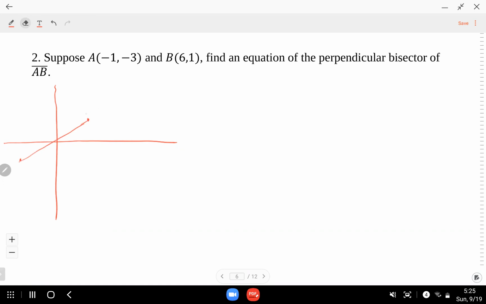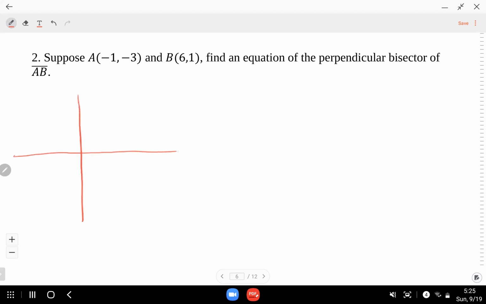Okay, a bit farther. B is a bit farther over here. Kind of like this, all right? The segment AB. Seriously? Kidding. Apparently this does not want to work today. Okay, fine. This should be fine, hopefully.